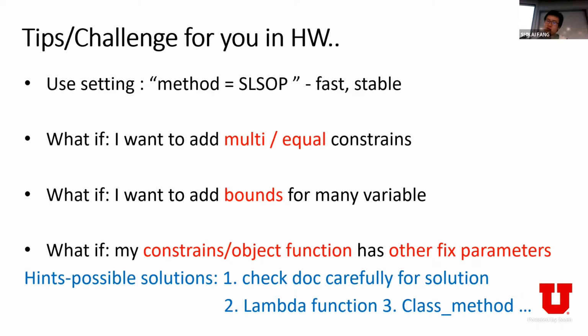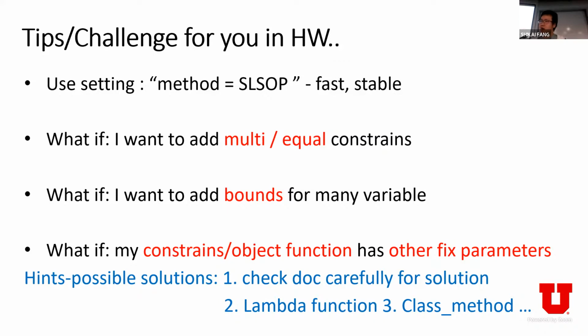And what if your constraints and your objective functions have other fixed parameters? Just recall, in the box design, the input of our objective function is just H, W, L. All of its inputs are the variables we want to learn or optimize. However, in SVM problems, you'll find the objective functions have multiple inputs.